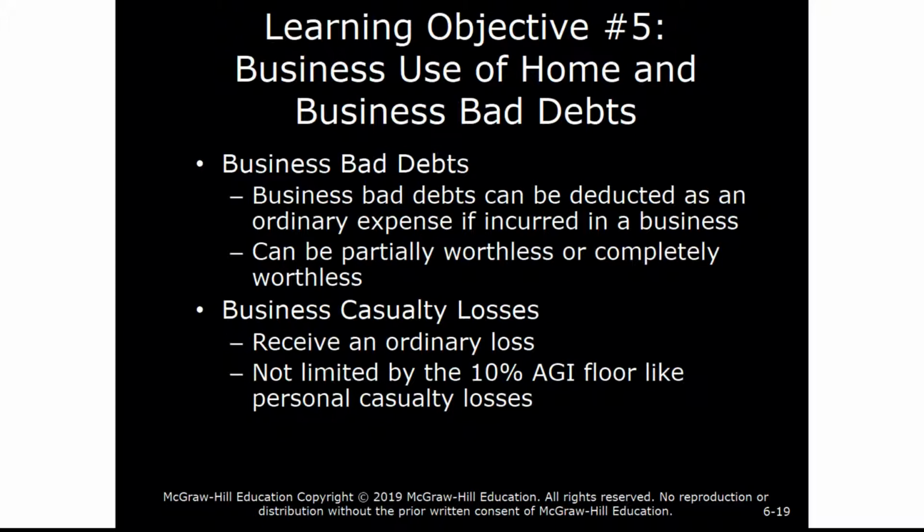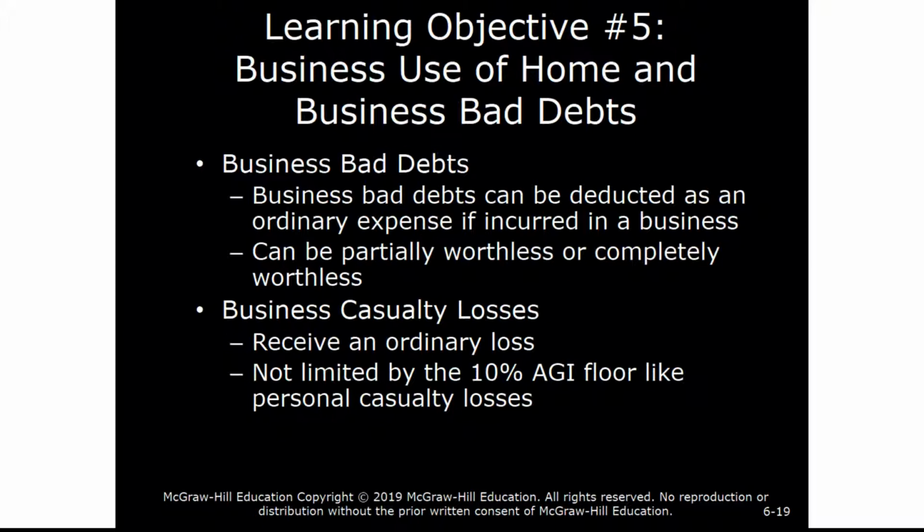In terms of casualty loss, this is a little bit different. If a tornado comes through and the insurance coverage doesn't cover all our costs and we suffer a casualty loss, then we receive an ordinary loss. And this ordinary loss is not limited by the 10% AGI floor like personal casualty losses. So with a business loss, it's 100% deductible. Casualty loss, business bad debts, 100% deductible.